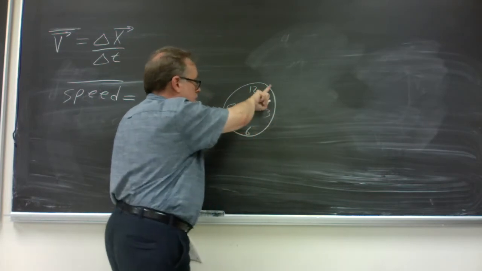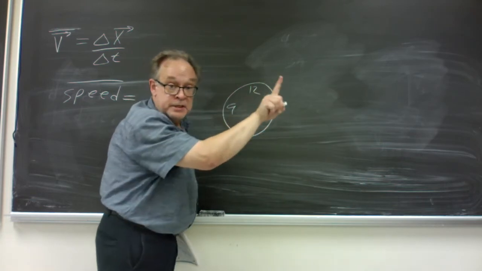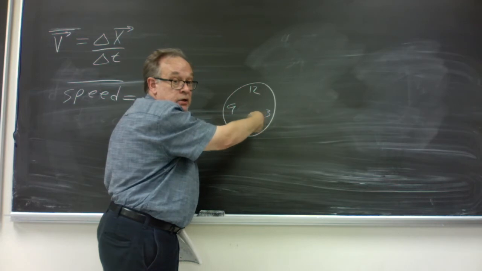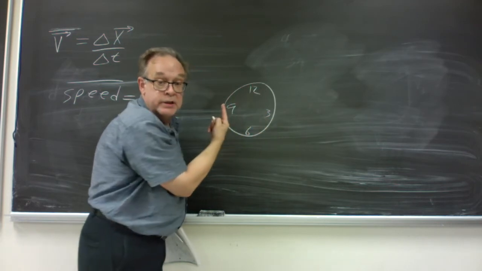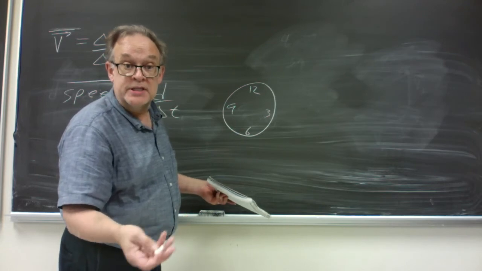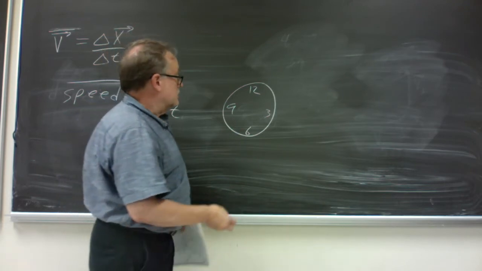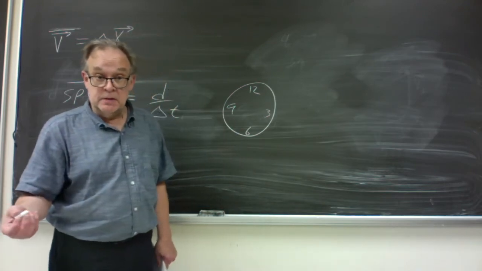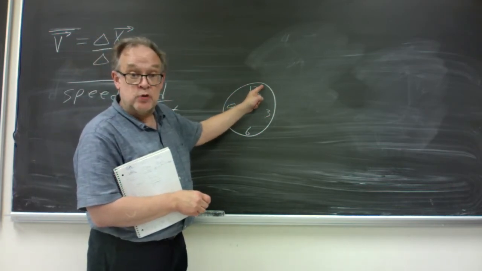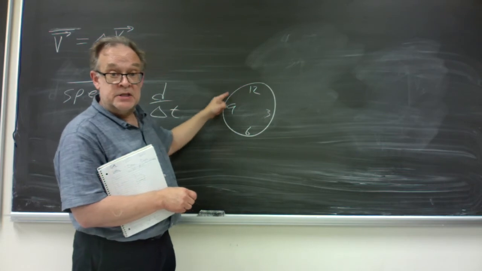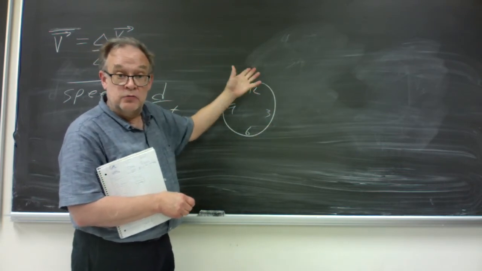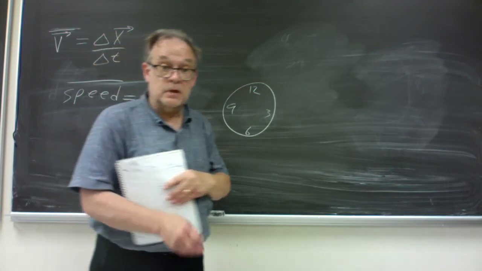The tip, the end of the second hand on a clock, sweeps out one complete circle every minute, one complete circle every 60 seconds. So the distance that the tip of the second hand travels in 60 seconds is just equal to the circumference of the clock.